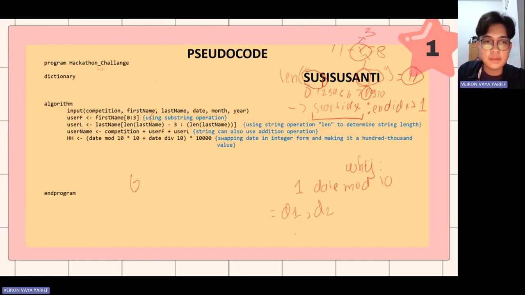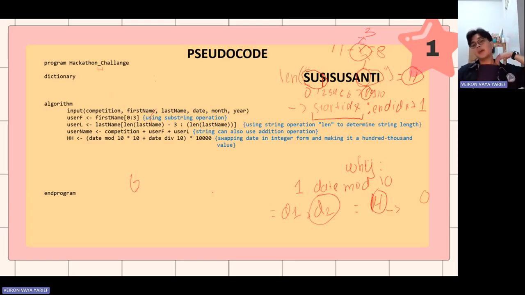For the last digit, if we have 14, how do we get it? You learn that if you mod any number with 10, you get the last digit. If you mod it with 100, it takes the last two digits of the number. In this case, we only want one digit, the last digit, so we just do mod 10.